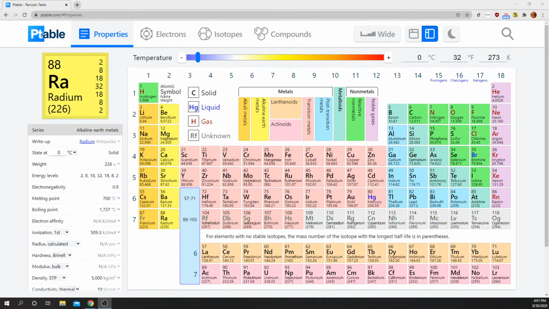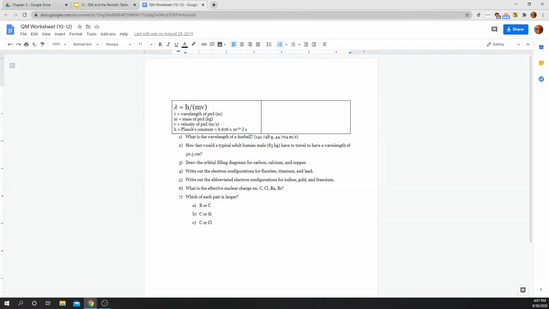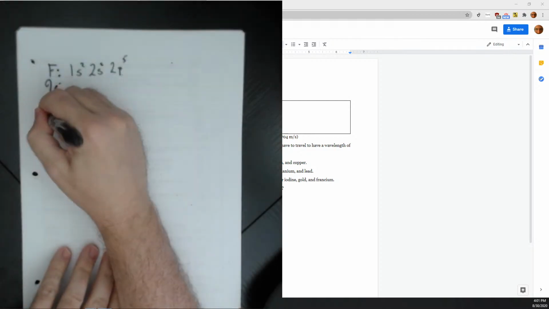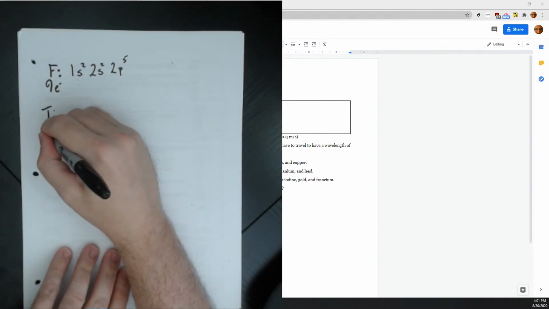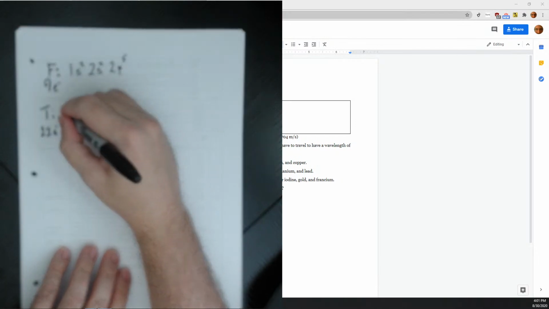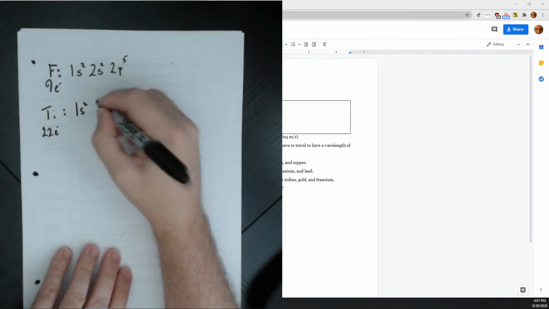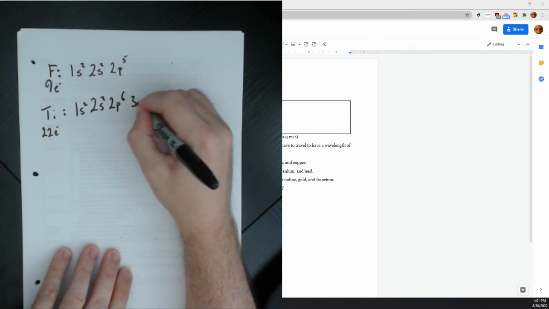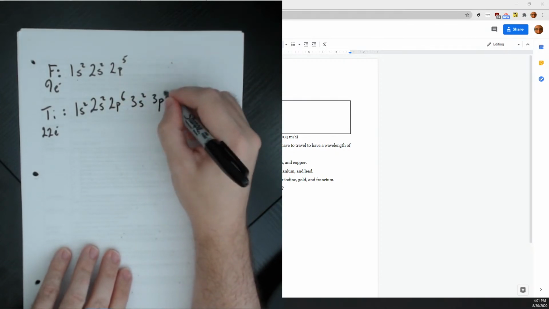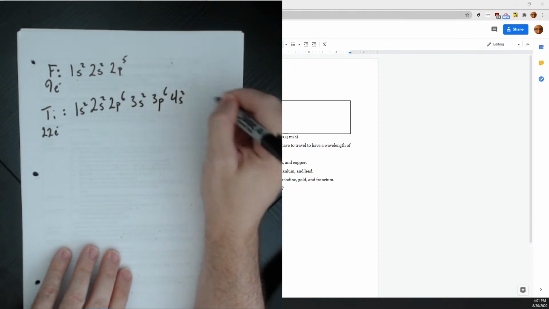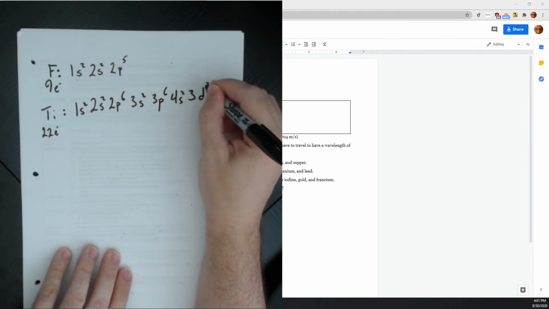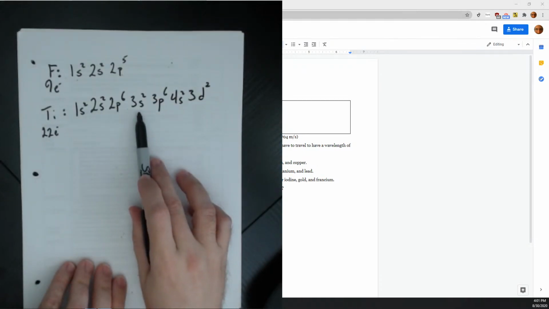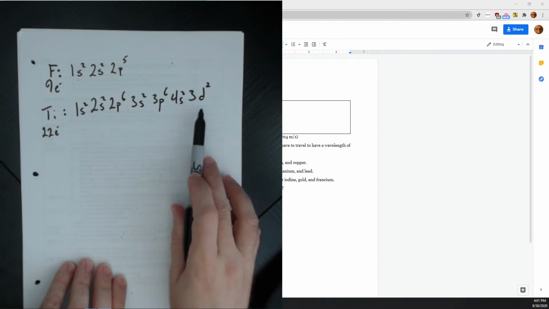So, titanium with 22 electrons, 1s2, 2s2, 2p6, 3s2, 3p6, 4s2, 3d2. Okay, so 2, 4, 10, 12, 18, 20, 22.